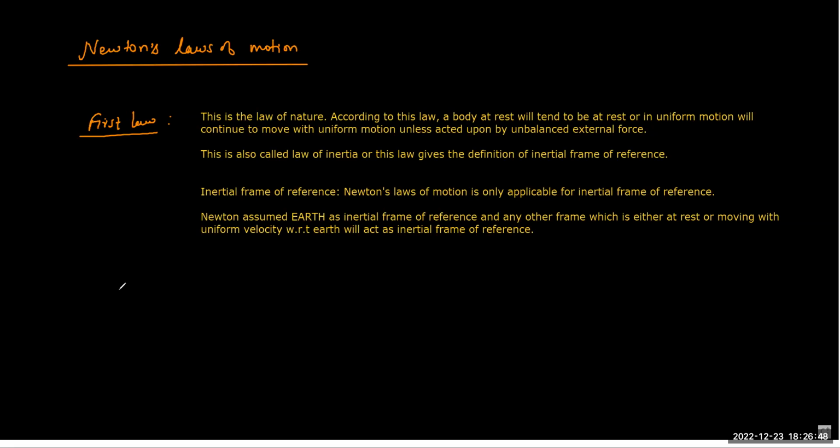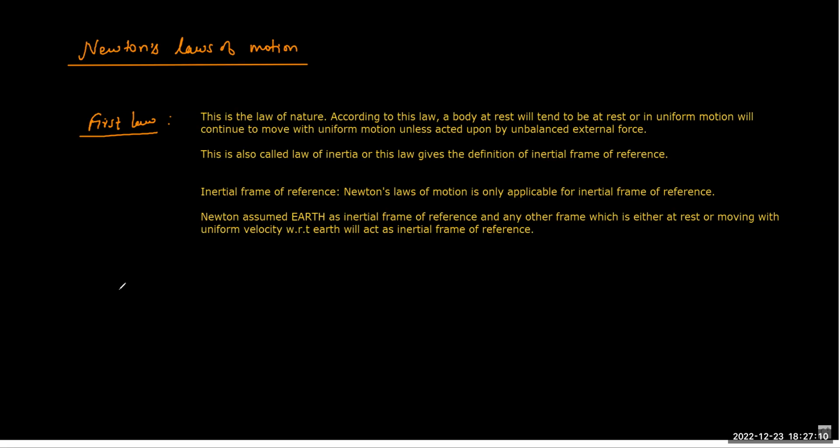And we need to be very careful that the laws of Newton we cannot write from any random frame. The laws of Newton we can only write either in the Earth frame or in frames which are inertial as seen by the Earth frame. Understood what I'm saying?